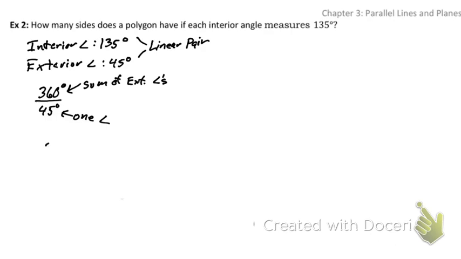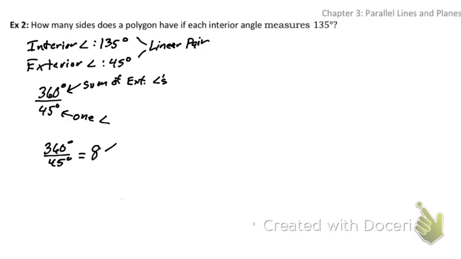And what does that come out to? What is 360 divided by 45? You can use your calculator. I just need 360 divided by 45. It is 8.